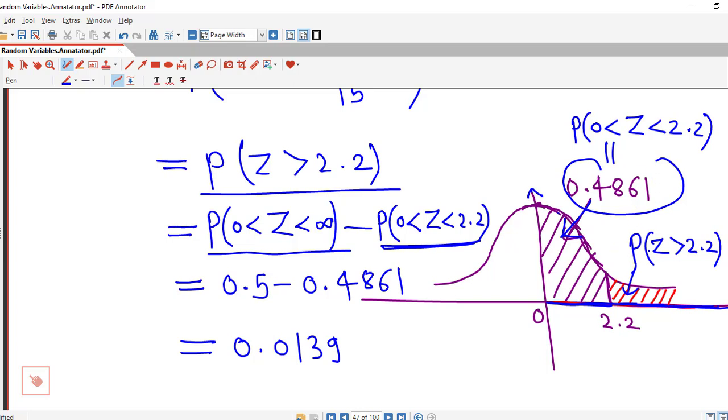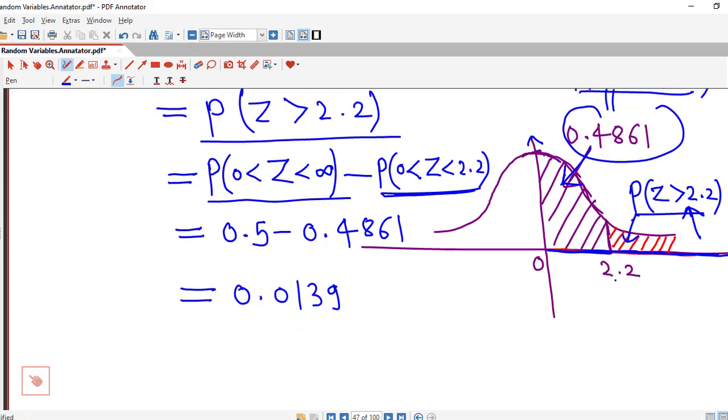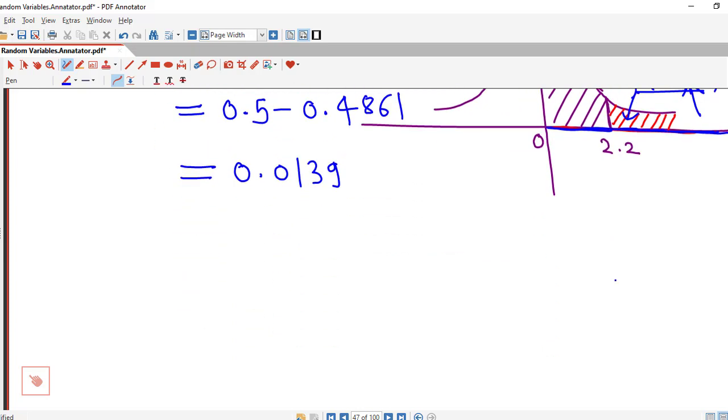So this area is 0.5 minus this area. This is the probability that the height of a soldier is more than 198 centimeters.